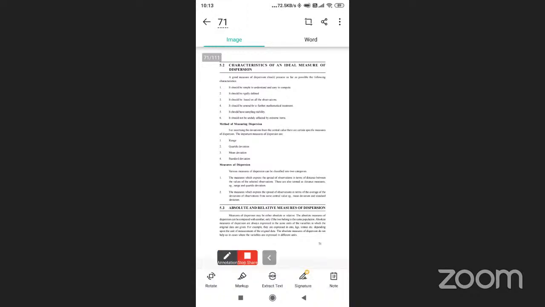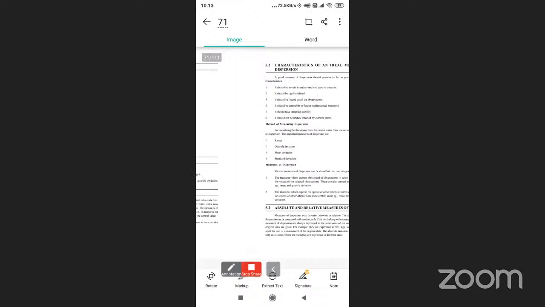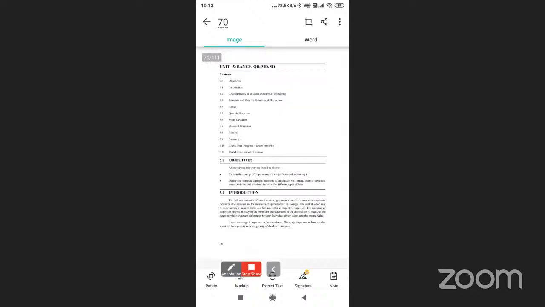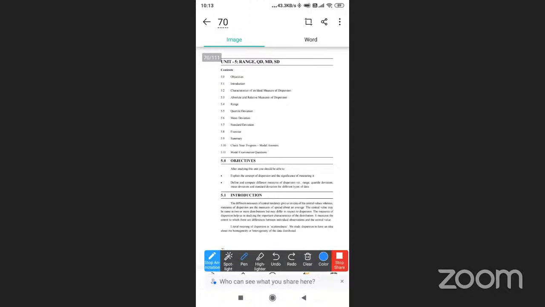On the screen you will see unit 5: range, quartile deviation, mean deviation, standard deviation.